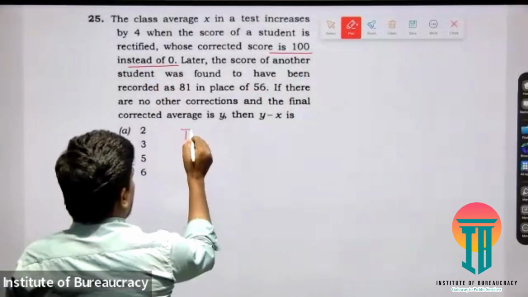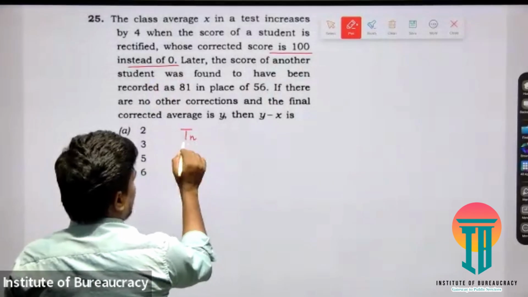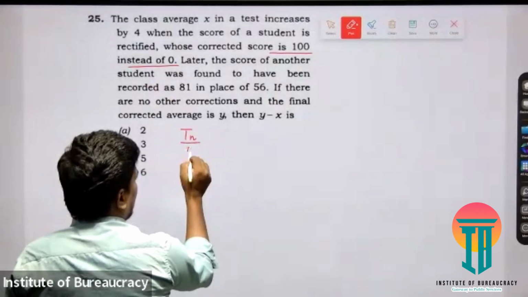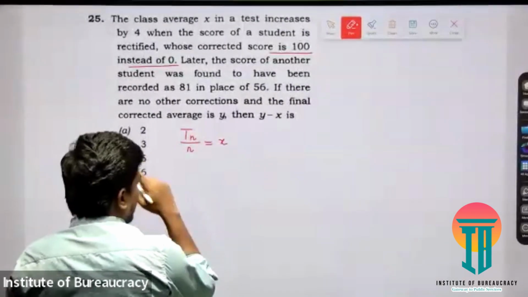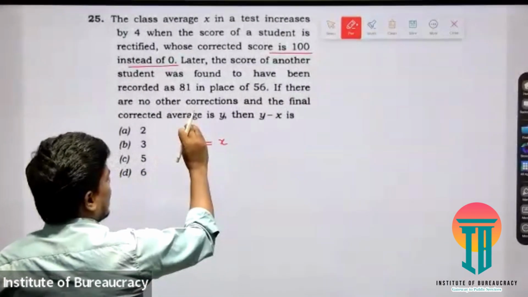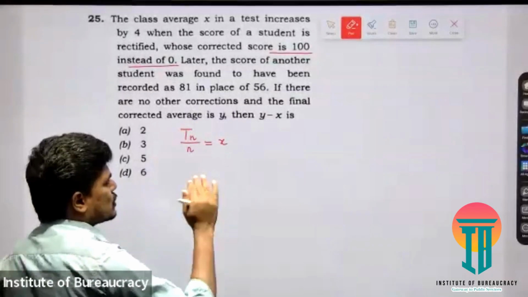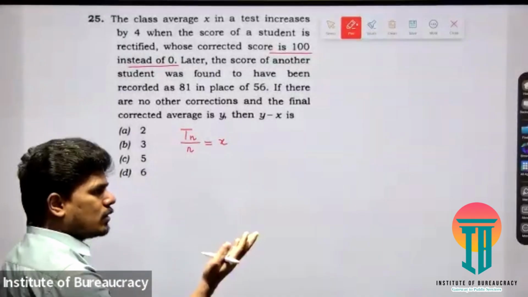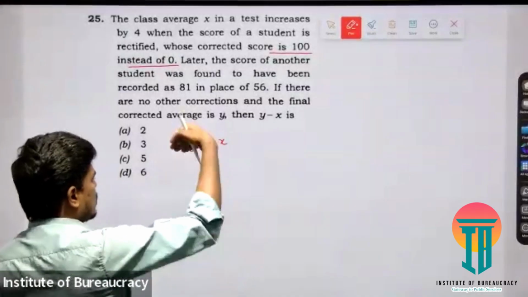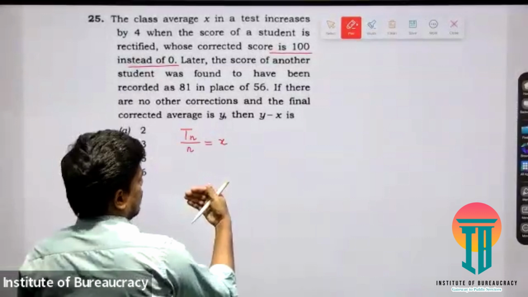So there are totally n students. The total marks of n students are denoted by Tn, divided by n, it is going to be X. Now what happened is, Tn is a total of n students' marks. In that, one student's mark is 0. 0 is now removed. Okay. In the place of 0, they are including 100.